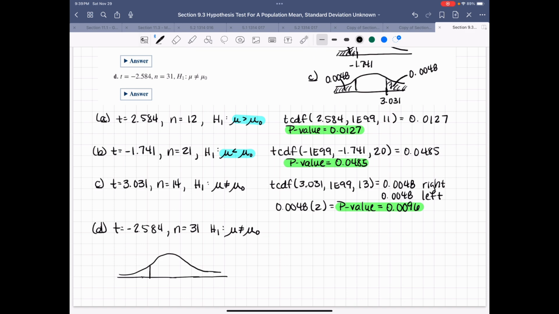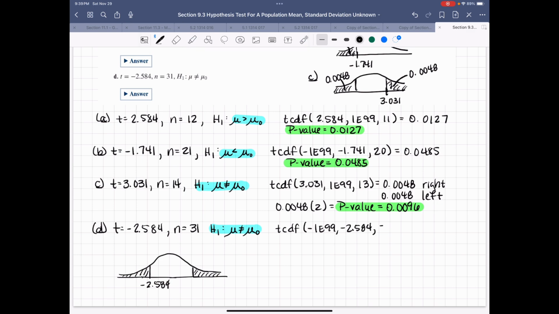So what they're saying is this is negative 2.584 right here. We're wanting this amount, but since it does say not equal to, then you're also wanting this chunk right here. Since they gave me the negative 2.584, I'm going to do TCDF, and we're going to say negative 1E99 to negative 2.584.